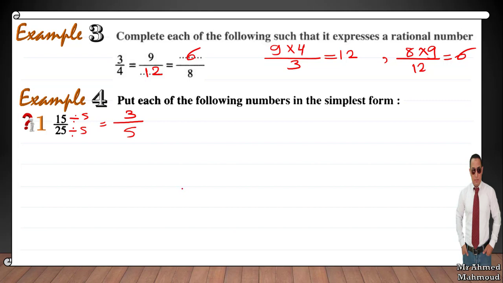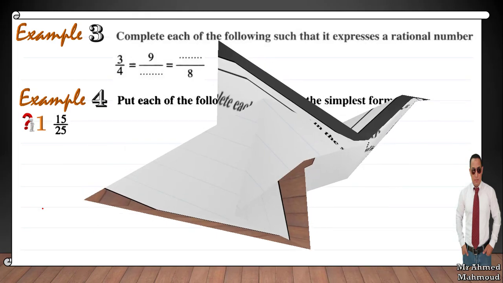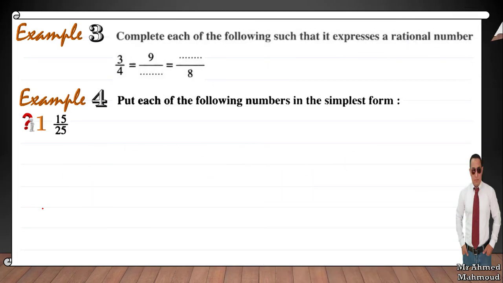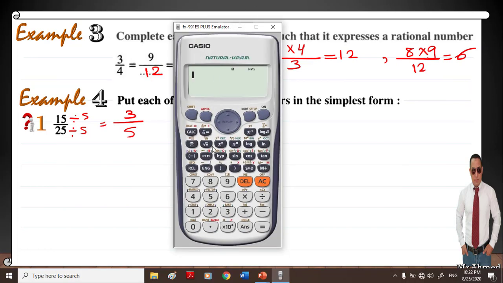Or you can use the calculator directly. 15 over 25 equals 3 over 5. You can use either way, by calculator or by simplifying.